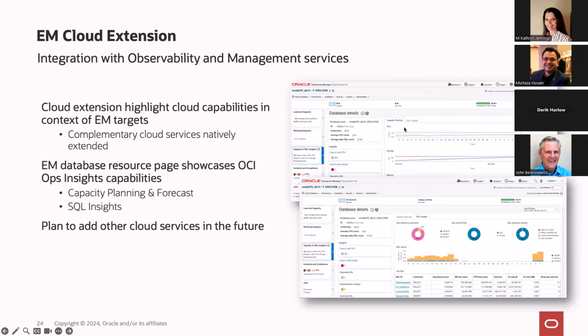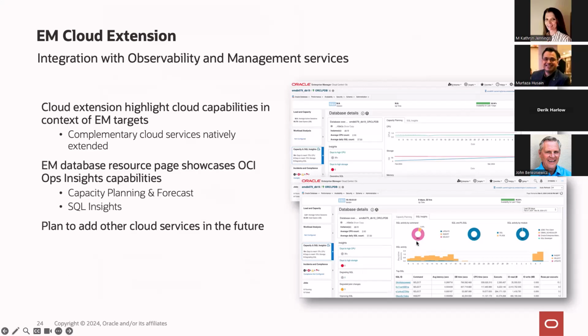So the top one gives you an overlay of the out-of-the-box insights with capacity planning view of looking at CPU, storage, memory, I/O, and the capability of looking at some of the forecast for future-looking days and weeks. Similarly, we have insights for SQLs in terms of degrading SQL plans, SQLs with plan changes and all.